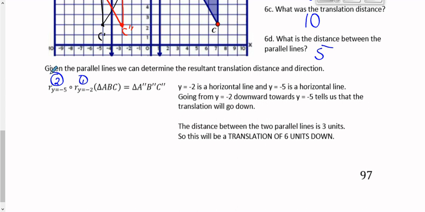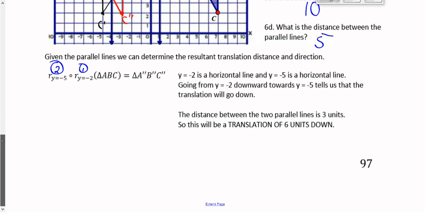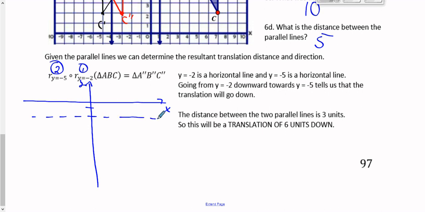Let's do this. Sometimes it helps to make a quick sketch of it. So let's just make a quick sketch. Here's my x, here's my y, it's a horrible arrow, whatever. Okay? So let's put in y equals -2. Here's y equals -2. And then 3, 4, 5, y equals -5.